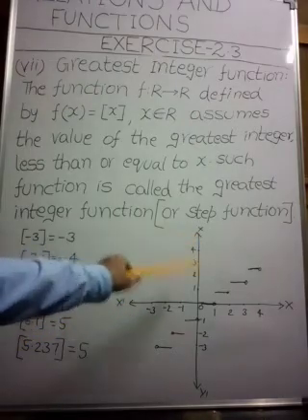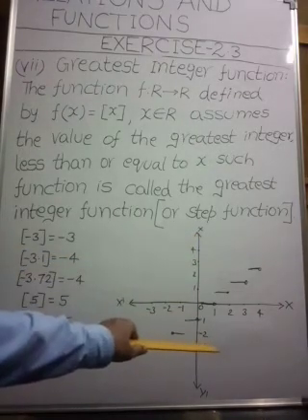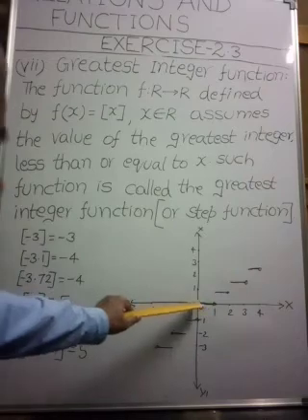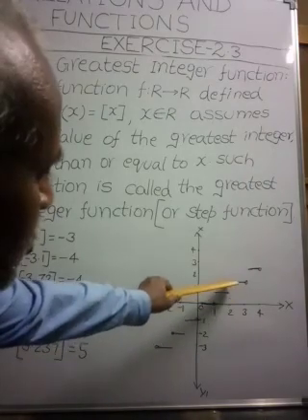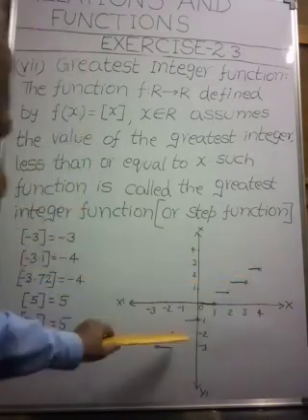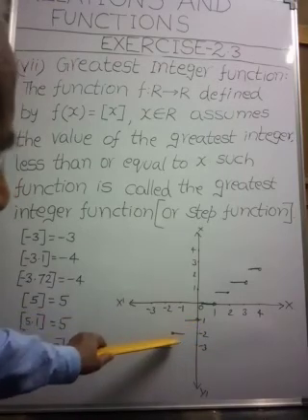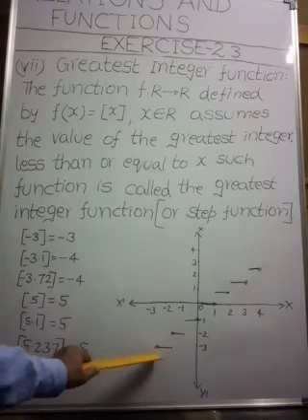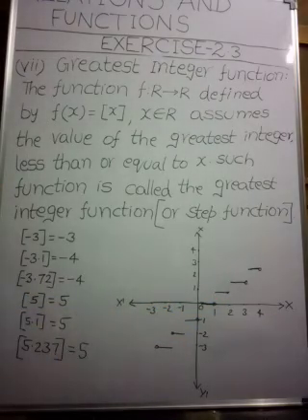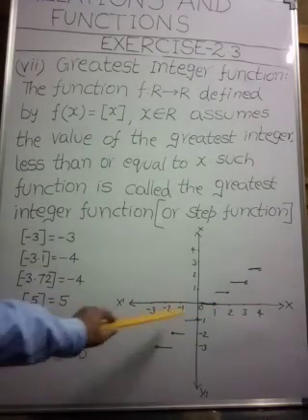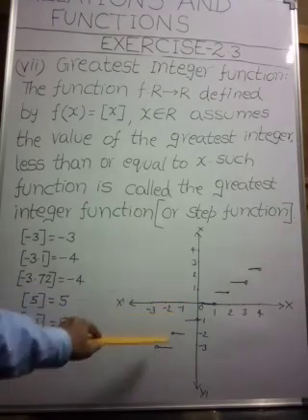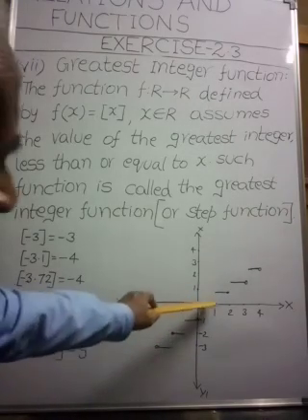So if you draw the graph of this greatest integer function, see here 0 to 1, 1 to 2, 2 to 3, 3 to 4, minus 1 to 0, minus 1 to minus 2, minus 2 to minus 3, like this. If you observe this graph, it looks like steps. Here one step, second, third, fourth steps.